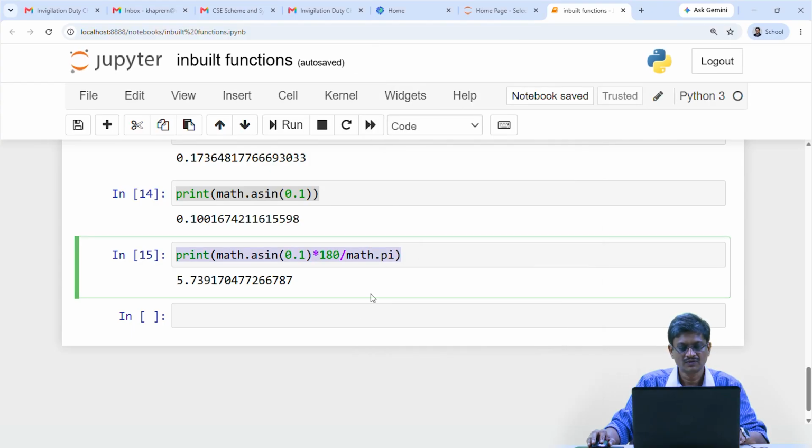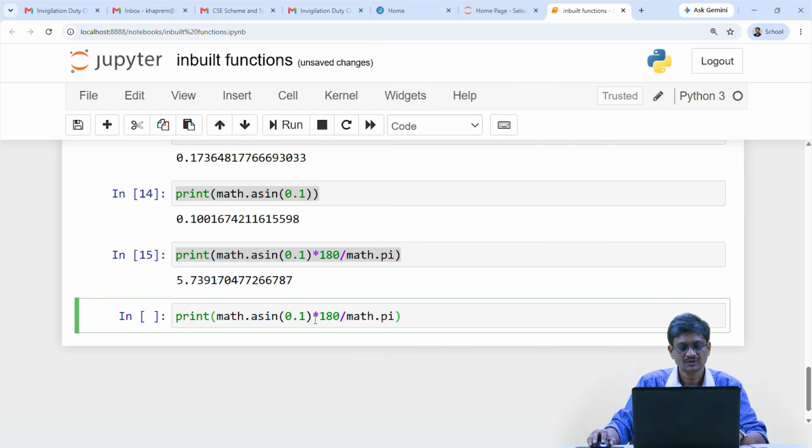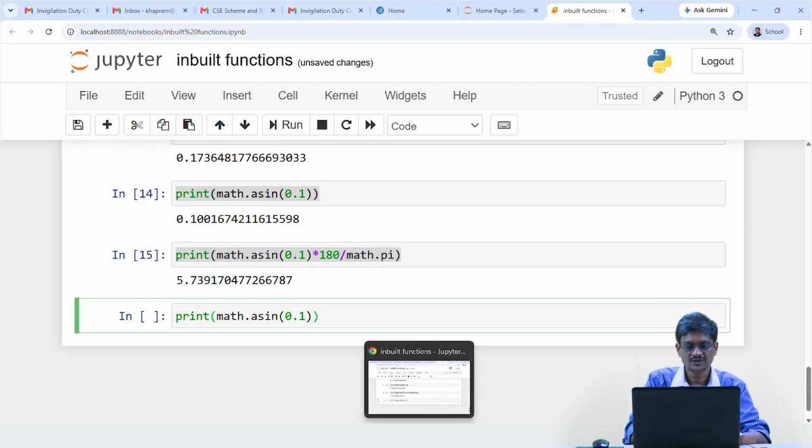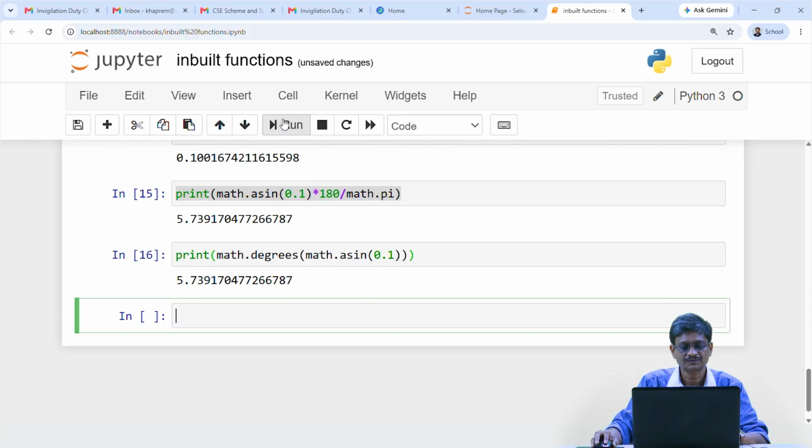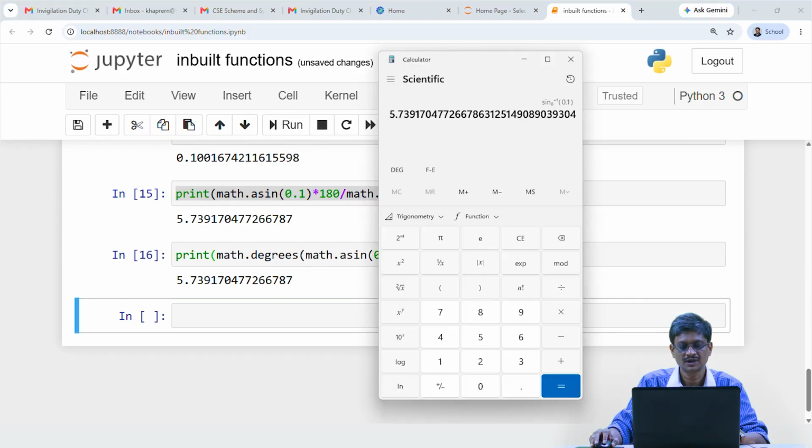Another way of converting to degrees is to convert this output with the help of a function called degrees. I just say math dot degrees, and whatever output you are getting will be converted into degrees and then finally printed. If you execute this, you are going to get the same answer as in the calculator.